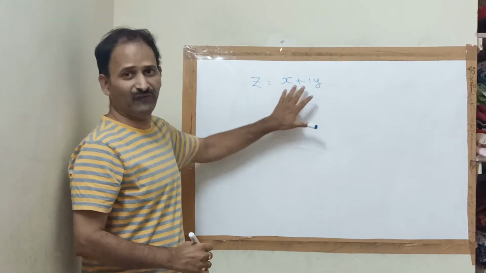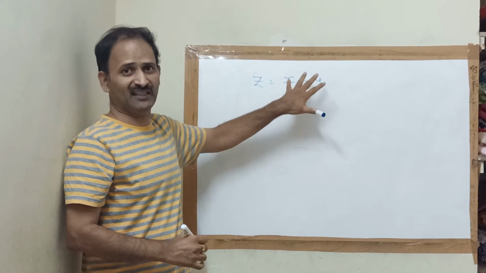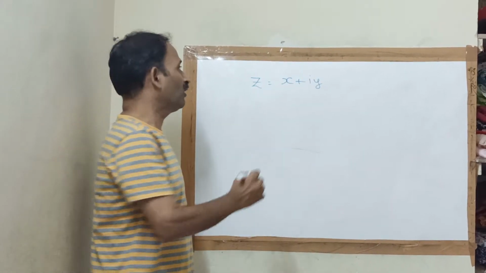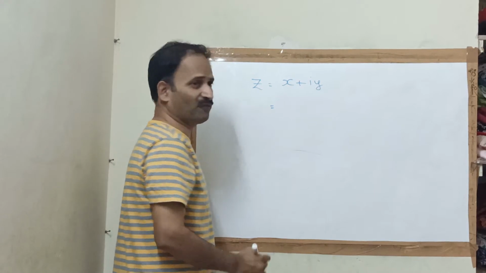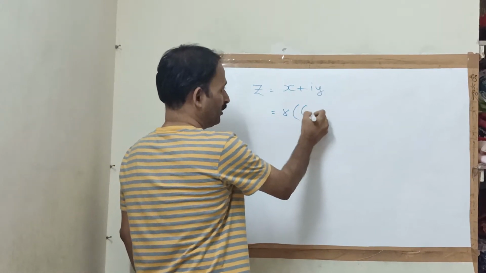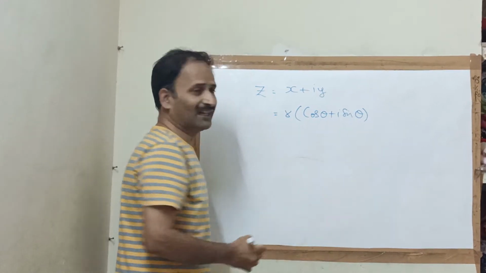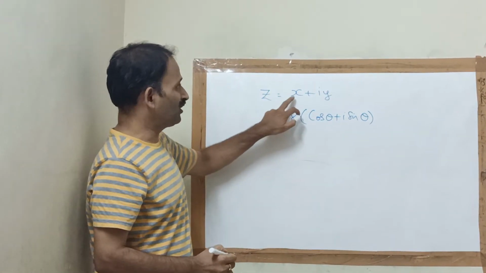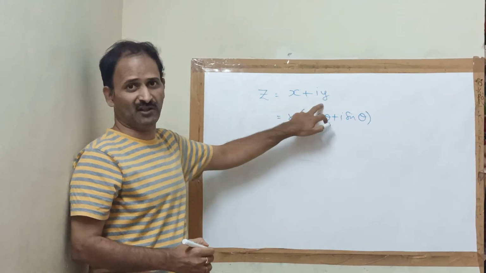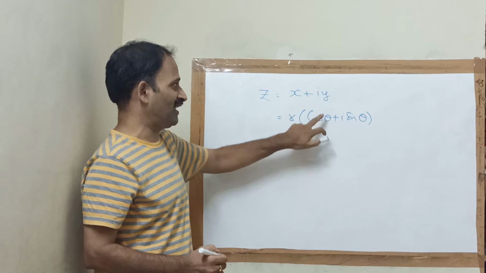Now every complex number x plus iy can be represented in the polar form or modulus amplitude form or trigonometric form as r into cos theta plus i sin theta. Here r is the modulus of z, that is modulus of x plus iy, that is root over x squared plus y squared.